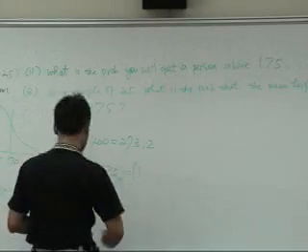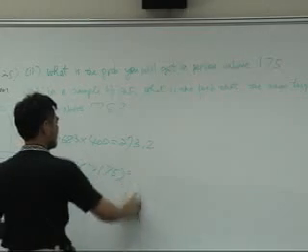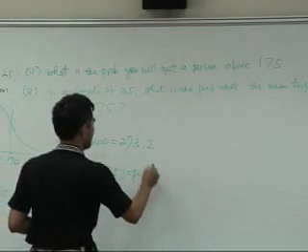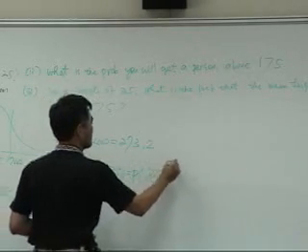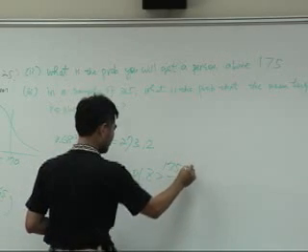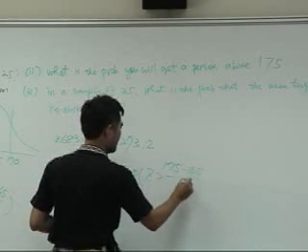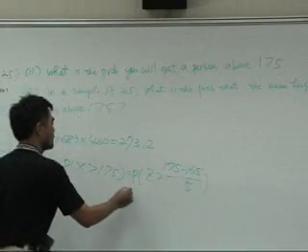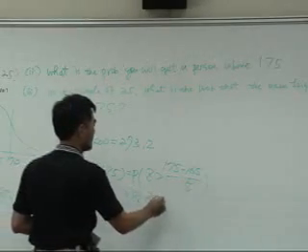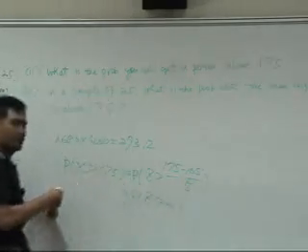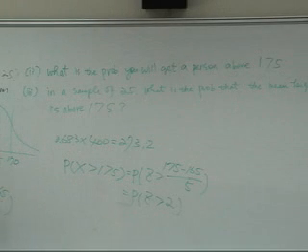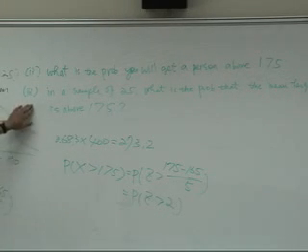So P z greater than 175 minus 165 divided by 5, right? So that is P z greater than 2. Questions? Okay, the last one.